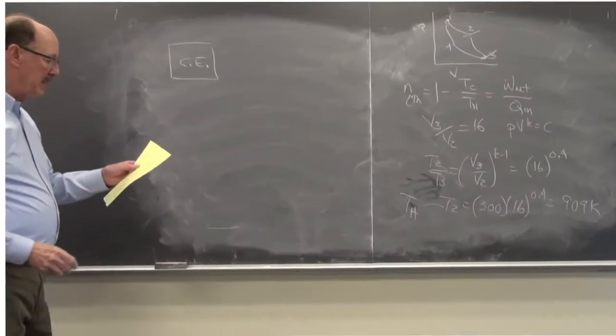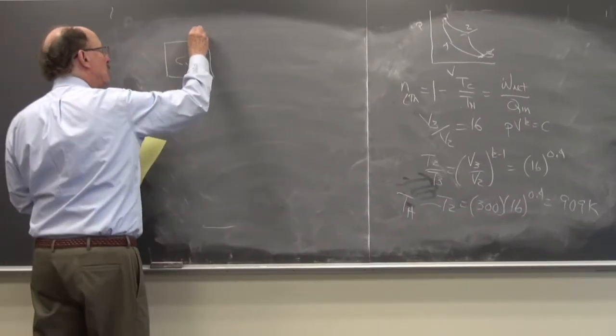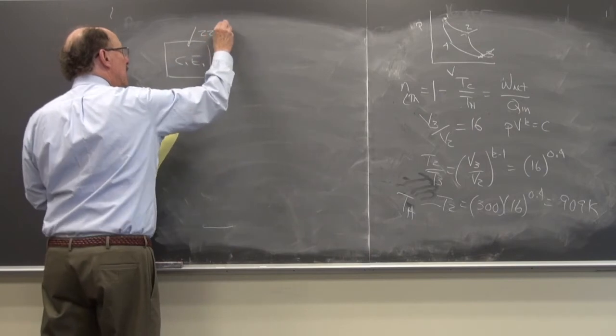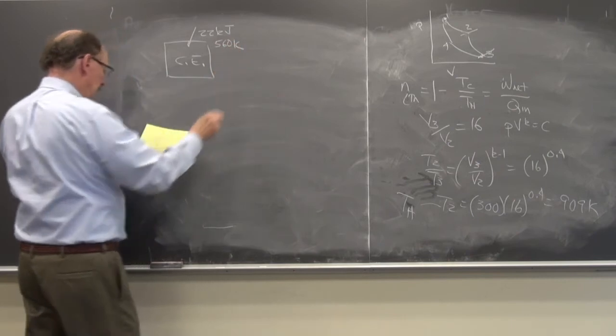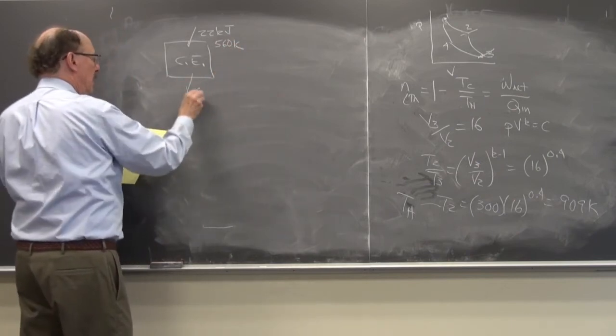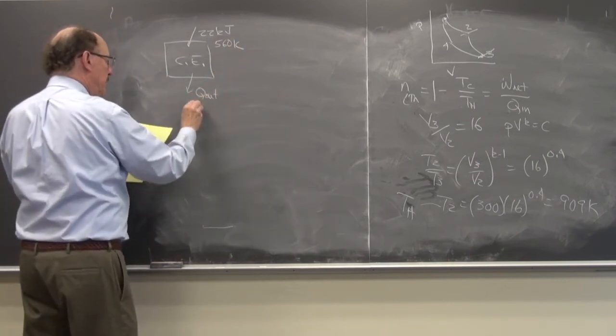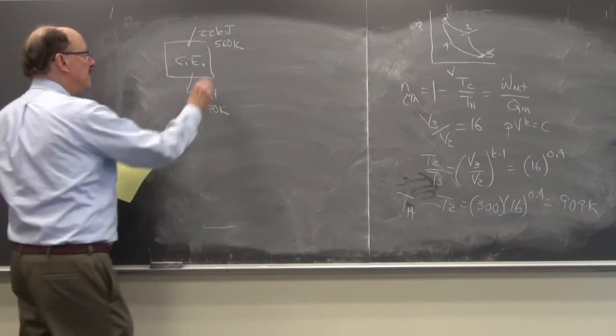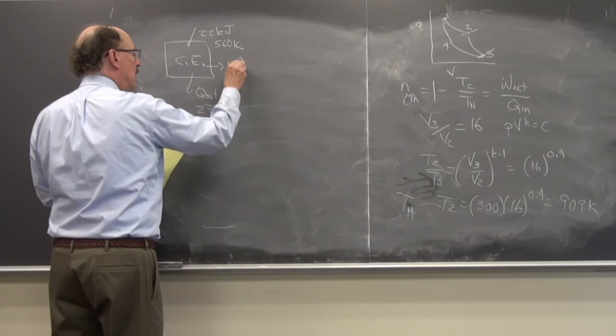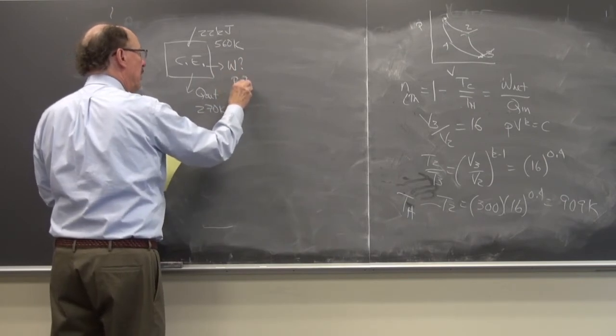So I have a Carnot engine. It receives 22 kilojoules of heat at 560 degrees K. It rejects heat Q out at 270 degrees K. It's producing work, and I want the work and the mean effective pressure.